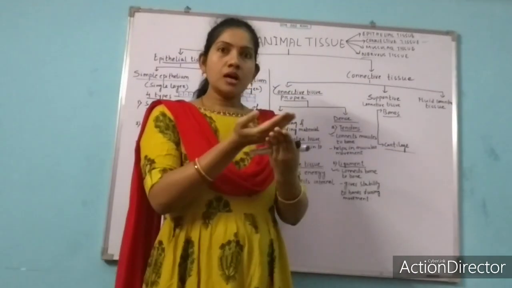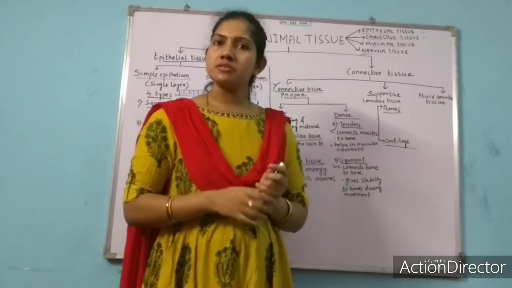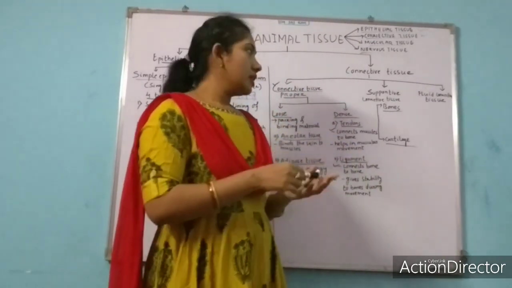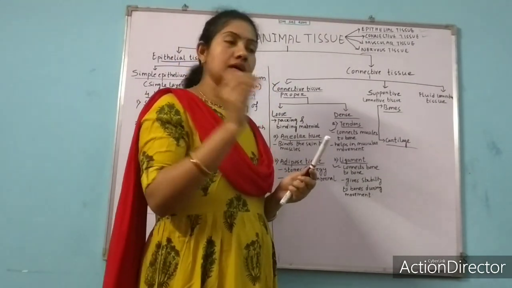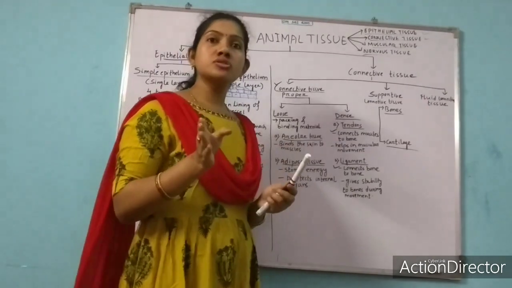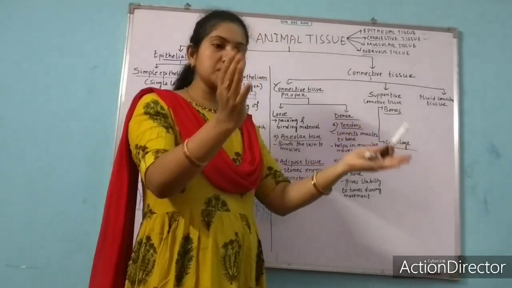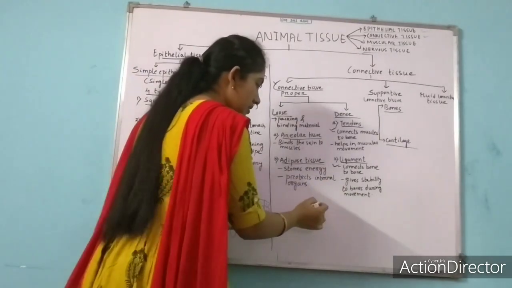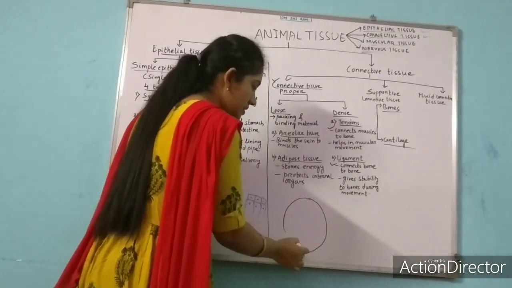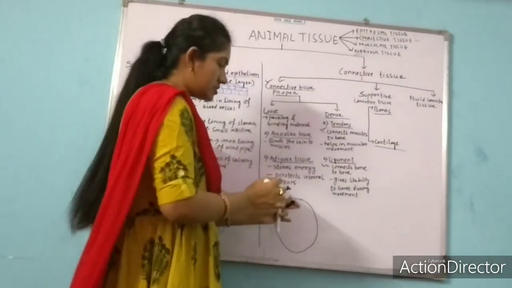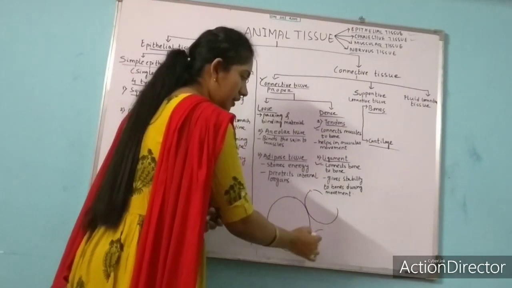If we see a bone under a microscope, it has some appearance. Let's see. As I said, bones are made up of small cells, and the cells of bones are called osteocytes. They are arranged in a specific manner, in a circular manner, and this space is called lacunae. This is one lacunae, this is one lacunae, again here one.